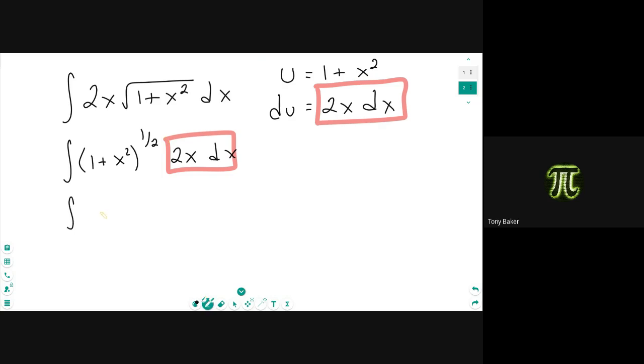So I can rewrite this problem as u to the 1/2 and then du. What's the integral of u to the 1/2?